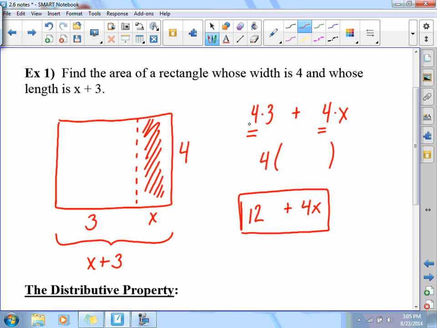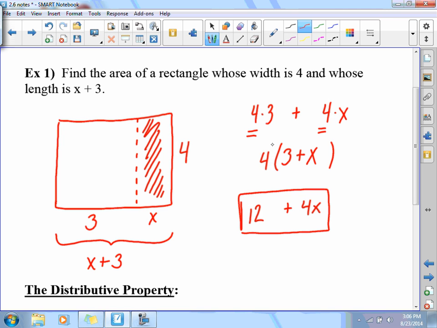If I took the 4 out of this 4 times 3, I would have a 3. And I have the plus. And if I took the 4 out of the 4 times x, I'd have an x. Look at that, finding the area of the whole big rectangle would be 4, which is its width, times its length, which is x plus 3.